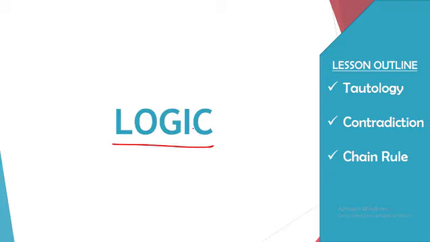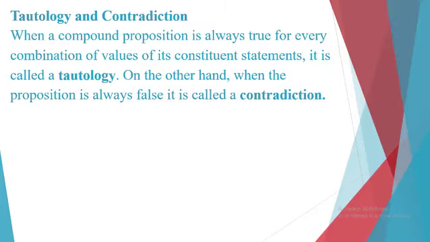Welcome back. In our lesson today, we'll be looking at tautology, contradiction, and chain rule of logic. Okay, so let us start with the words tautology and contradiction. When we talk of tautology, we are looking at a compound proposition whose combination of values of its constituent statements are always true.